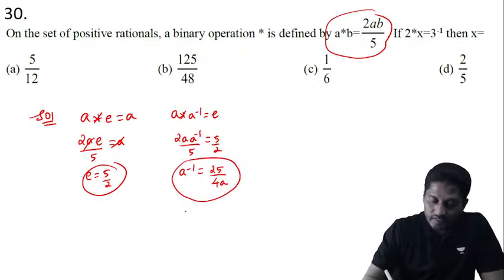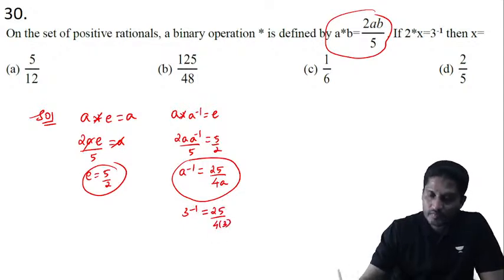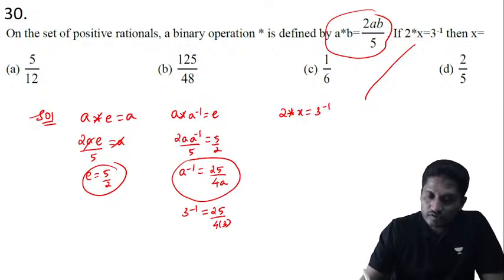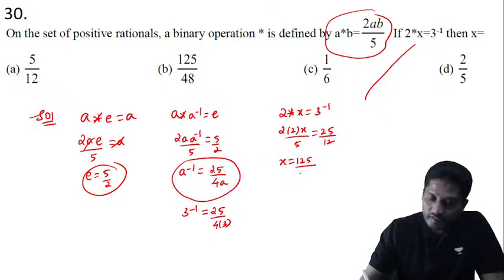And then I want 3 inverse, 25 divided by 4 into 3. 2 star x is equal to 3 inverse. 2 star x is equal to 2 into 2 into x divided by 5. 3 inverse is 25 divided by 12. X is equal to 25 into 5 is 125 divided by 48. Okay, answer is option B.